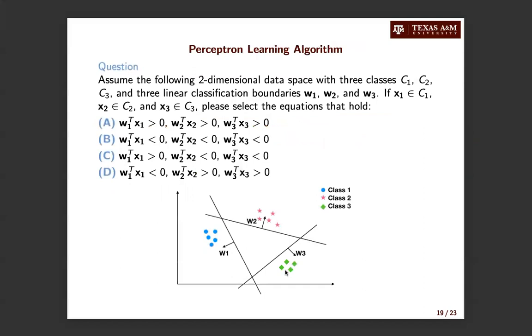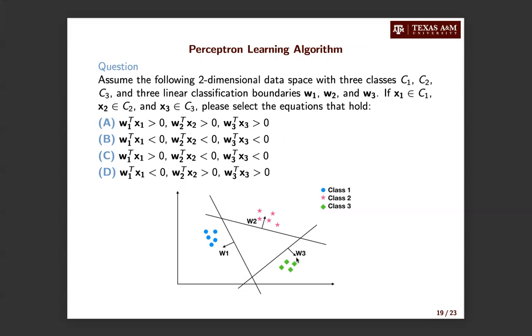So now, after we have explained a little bit the binary case of the linear perceptron, we can extend this to multi-class classification. The way we do that is that we introduce as many weights as the classes that we have.